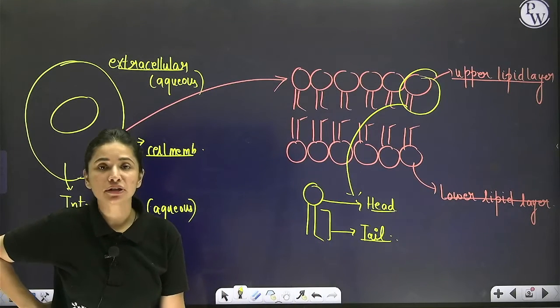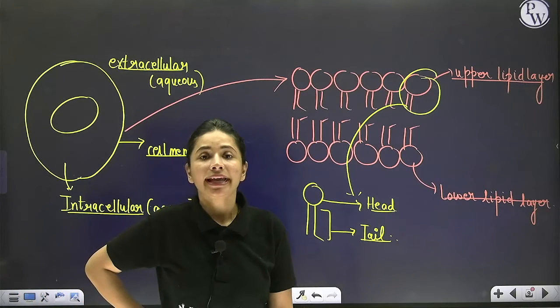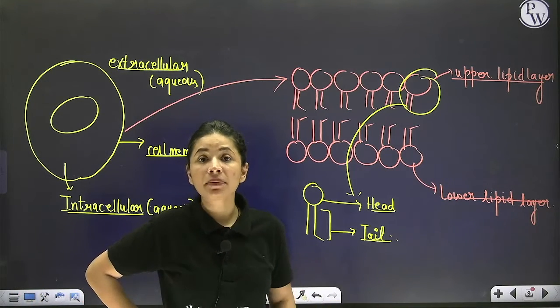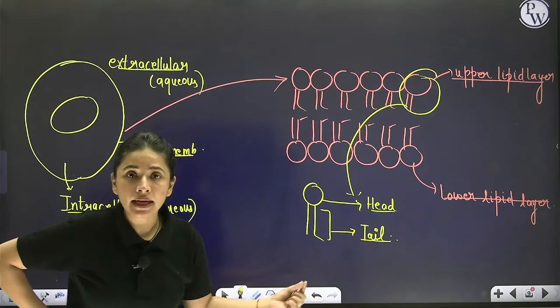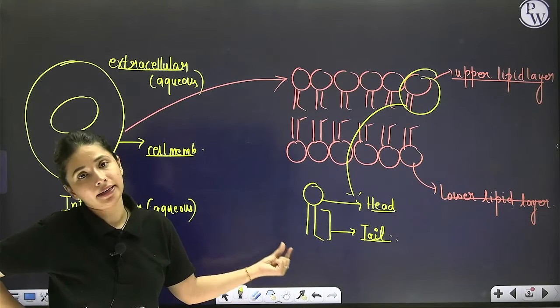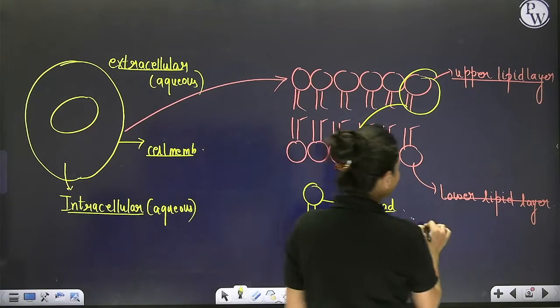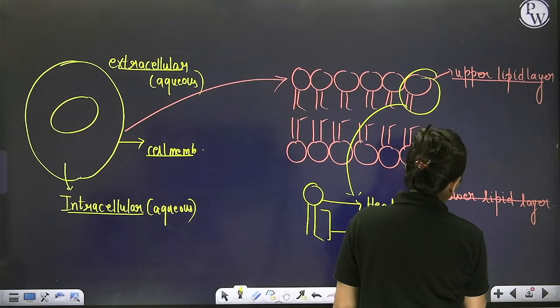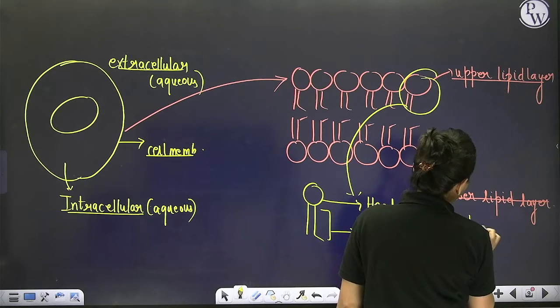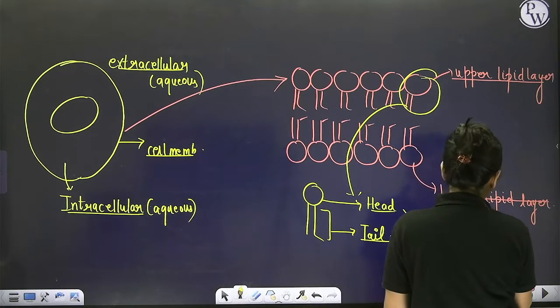So each lipid molecule in the bilayer of plasma membrane is represented by a head and a tail. This head is made up of hydrophilic polar saturated hydrocarbon.